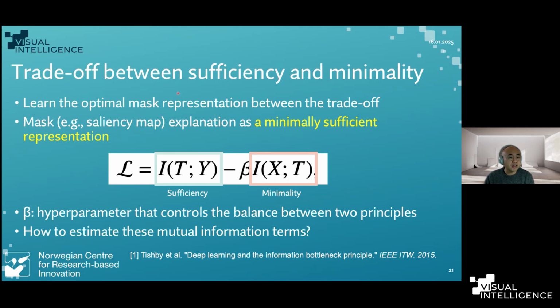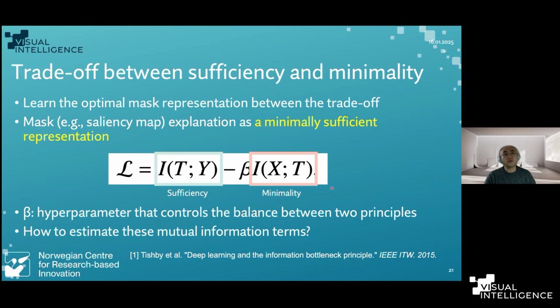And this is sort of the key idea to learn the optimal mask representation. So, in other words, we want to learn the mask as an explanation, which includes only minimally sufficient information. And here the beta is a hyperparameter that controls the balance. So we should manually tune this parameter. So yes, this is sort of the basic idea.